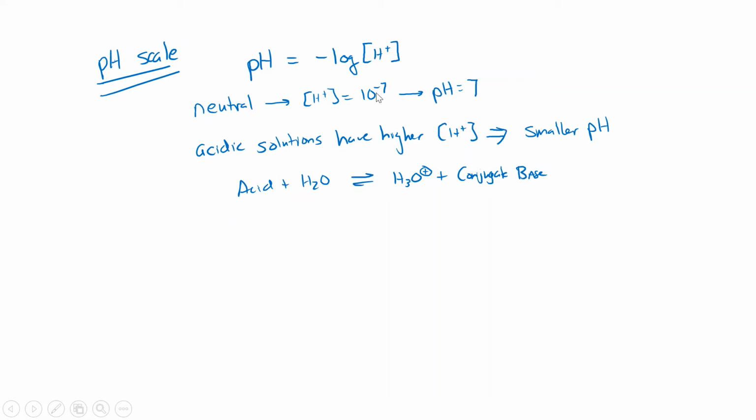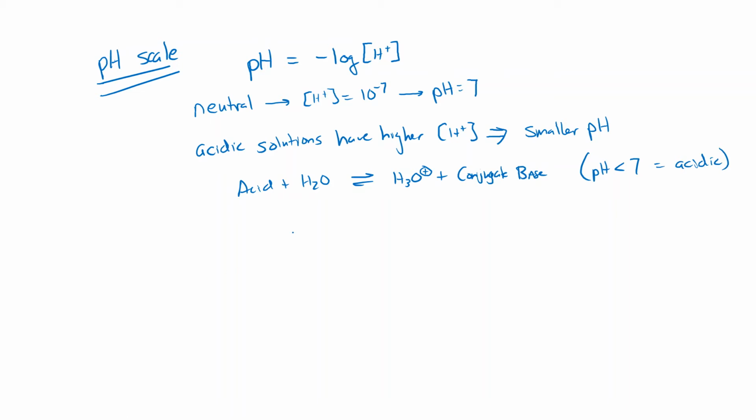Because 10 to the negative 6th is larger than 10 to the negative 7th, and 10 to the negative 5th is larger than that, et cetera. And so as you move up, you're going to get smaller pH for acidic solutions. So anything that has a pH that's less than 7 is acidic. So we can define that: pH less than 7 equals acidic. Again, probably something that you've seen somewhere before.